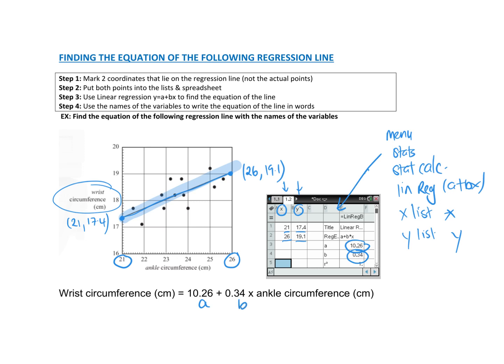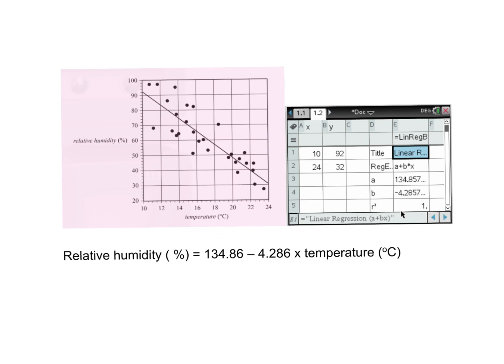Then I put the b value times the explanatory variable, which you can read off the graph. Oh, sorry, response variable. So that's how we can do it if we get asked to find the equation from the line they've given us. Let's have another practice here.